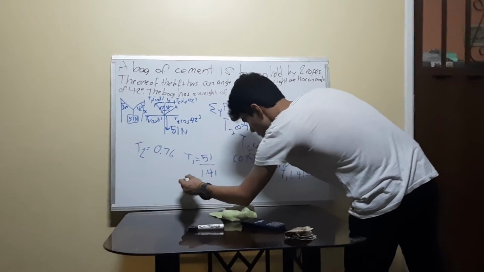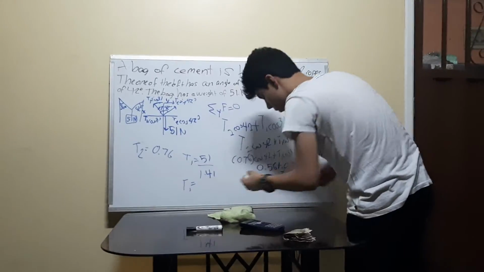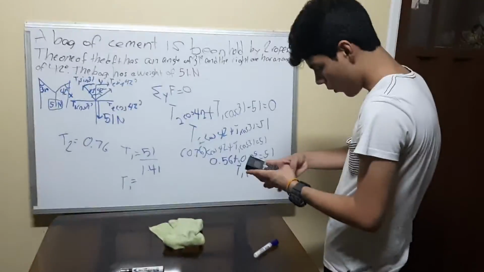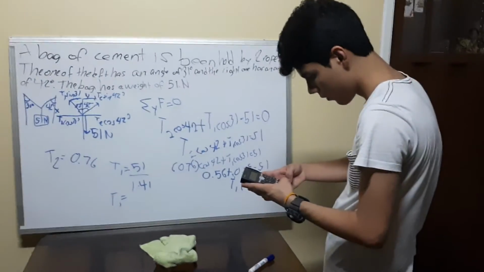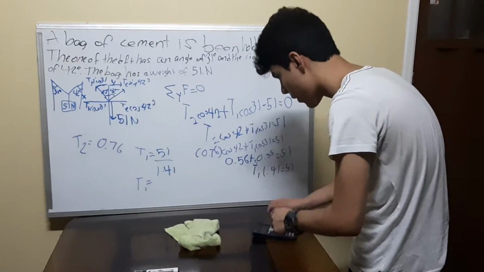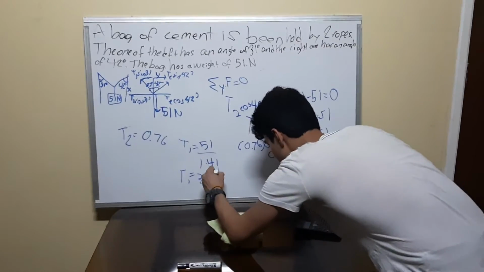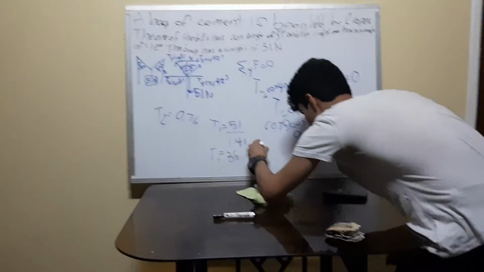And that would be equal to T1 is equal to 51 over 1.41. That would be 36.17. So that is 36.17. And this will be equal to 50 meters.